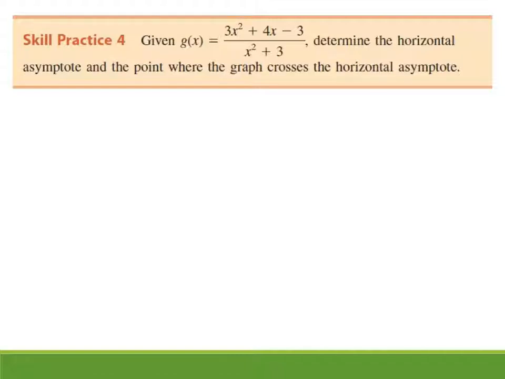So again, in practice skill 4 in your book, given that g of x is equal to 3x squared plus 4x minus 3 divided by x squared plus 3, determine the horizontal asymptote and the point where the graph crosses the horizontal asymptote. You may want to pause and see if you can find the answer to this real quick.